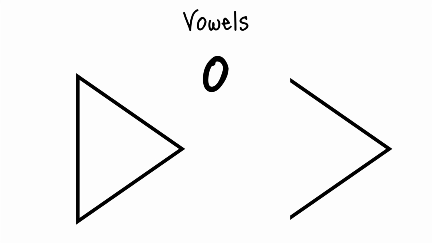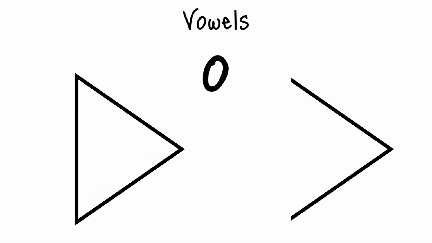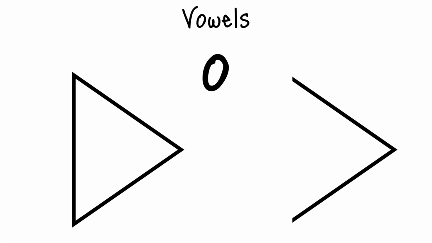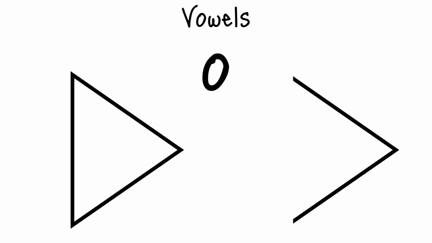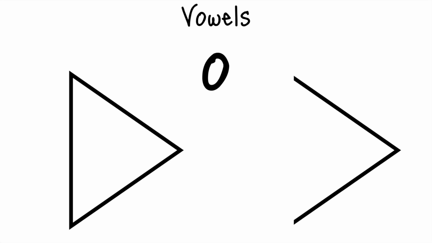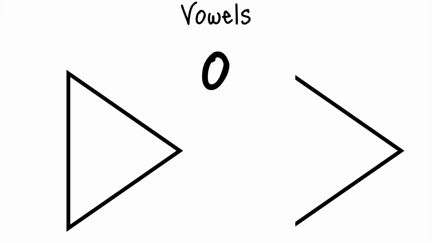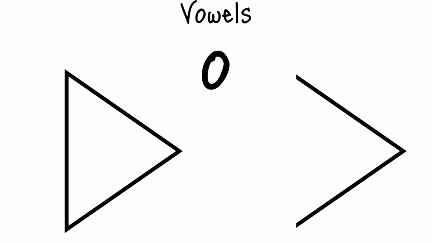The open triangle on the right makes a long oo sound, like in the word cool. Again, when writing Zulu, please prefer to use the closed triangle for O sounds, as the open triangle oo sounds too similar to the U vowel, which we will discuss next.